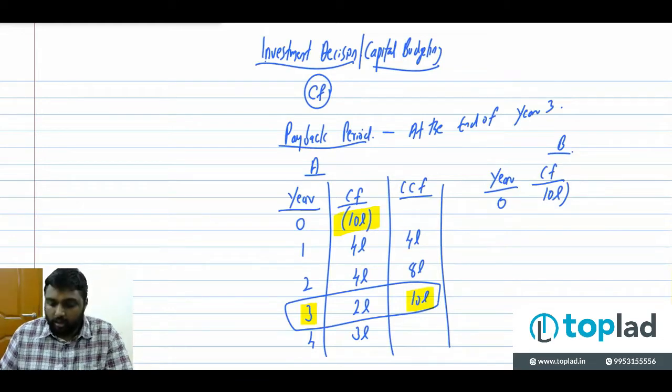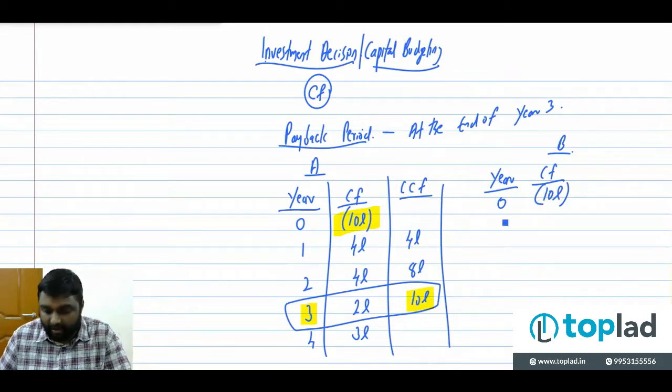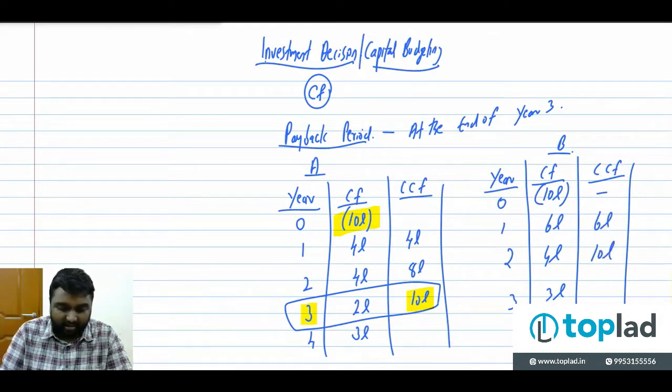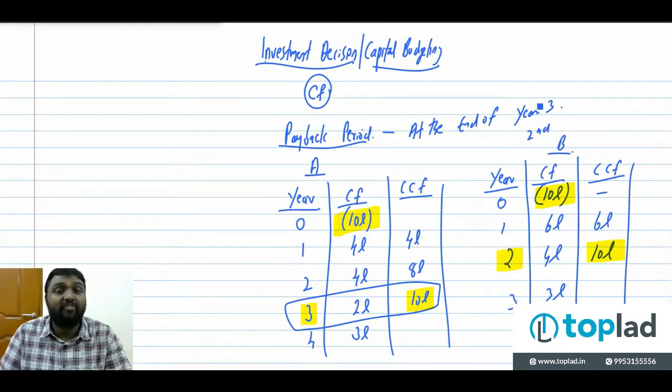Okay, so year 0 we have 10 lakh outflow. Year 1 we will have 6 lakh. Year 2 4 lakh. Year 3, let's say 3 lakh. We make it into cumulative cash flow. First year 6 lakh, second year 10 lakh. Our investment money is 10 lakh. We are getting it at the end of second year.